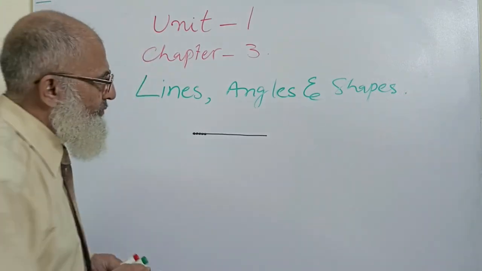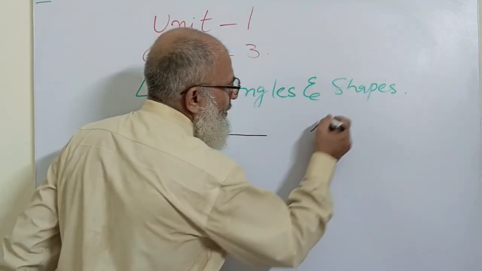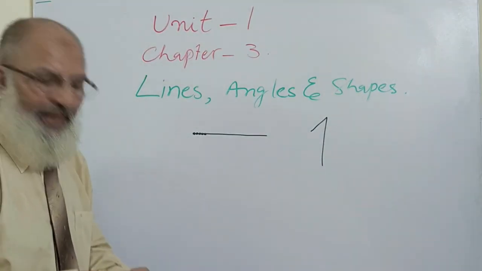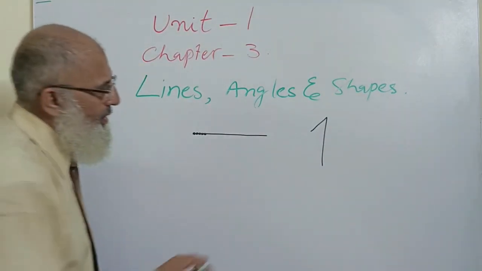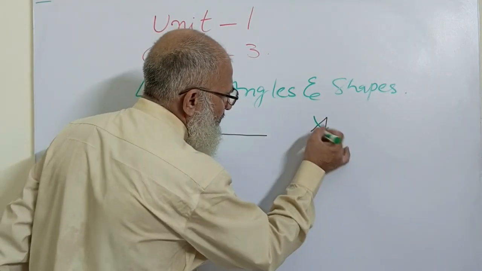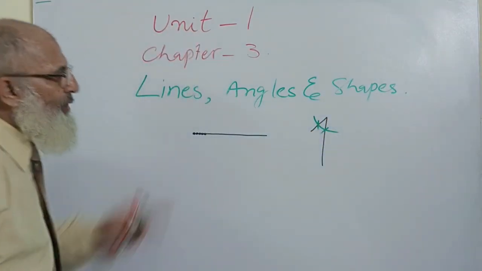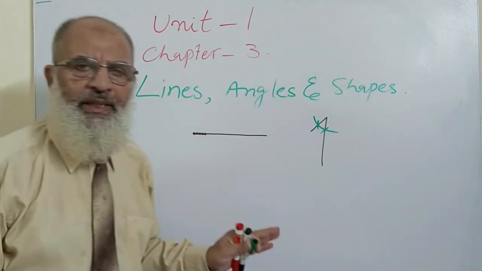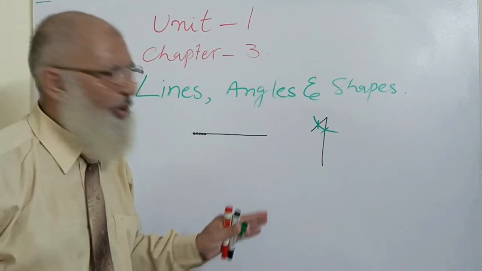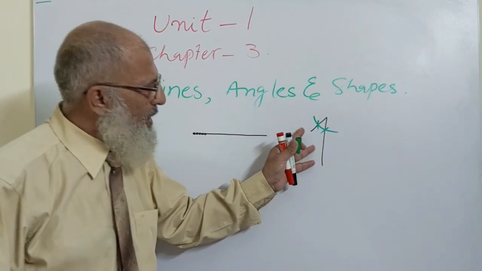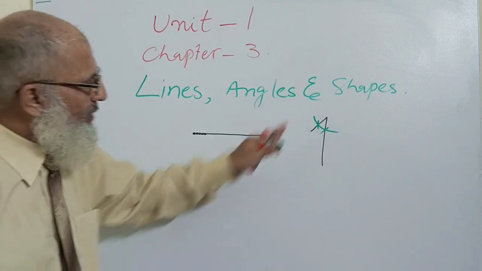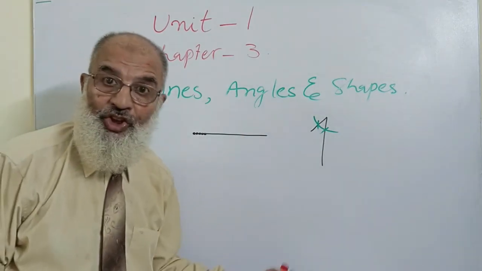For example, this is 1, and you see that there is one angle over here. I'll tell you in detail what an angle is, but you must be knowing what an angle is. So you can see that there is one angle formed when we write 1 in ancient style.